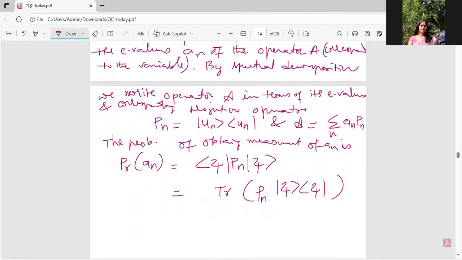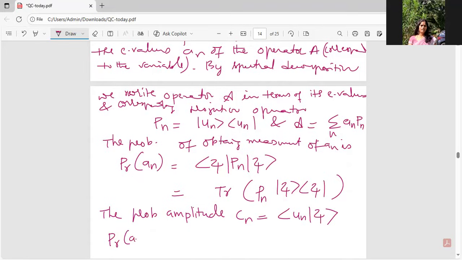Okay. Next thing is, after measurement, how things will look, I should predict, na? The amplitude, the probability amplitude, if you ask me, amplitude Cn is given by the inner product of Un and ket xi. Okay. Now, this gives us the probability of obtaining measurement An.